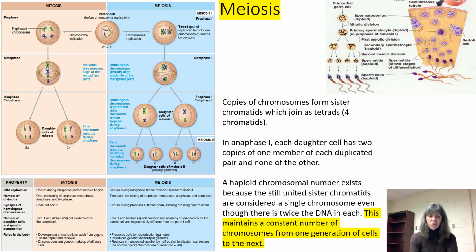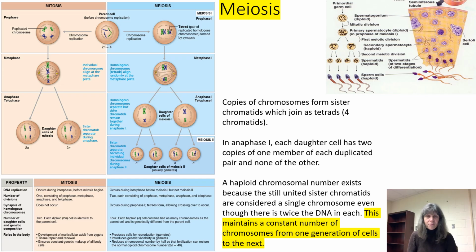Each begins with a parent cell, which in meiosis would be the B-type primary spermatocyte, undergoing chromosome replication. So we're going to make a copy of the chromosomes, just like we would if we were doing mitosis. However, meiosis has two portions to it, and it's divided into meiosis 1 and meiosis 2 just to keep things straight.